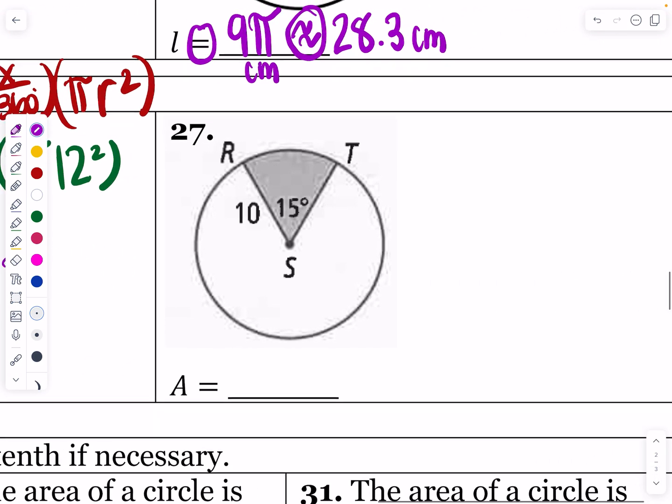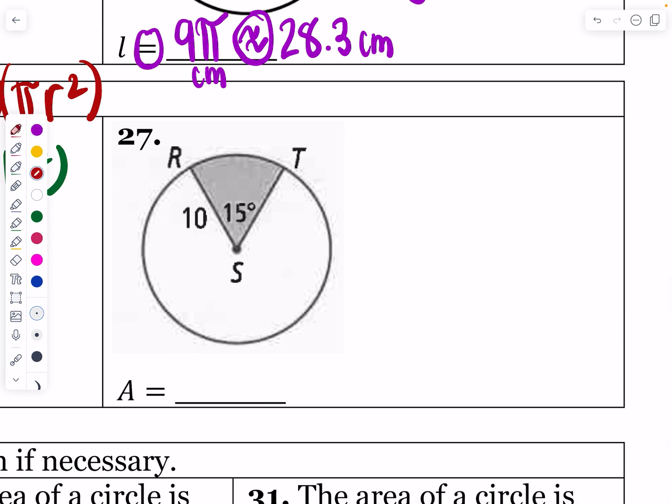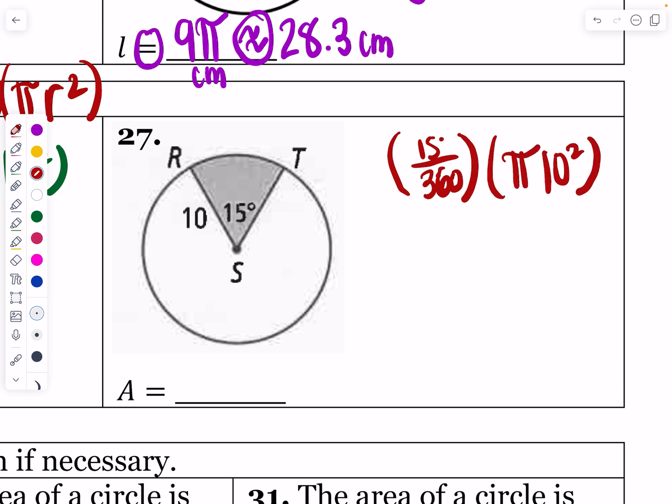All right, number 27, I'm only working with 15 degrees of the 360 this time. And I'm going to multiply that times pi r squared. So my radius on this problem is 10. So that's going to be 15 times 10 squared. It's going to be 1,500 over 360 pi.